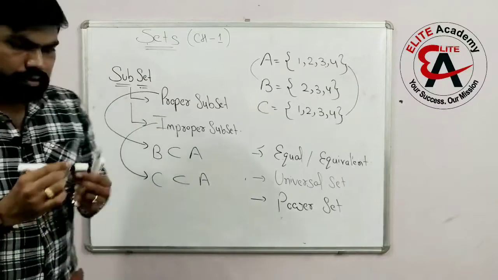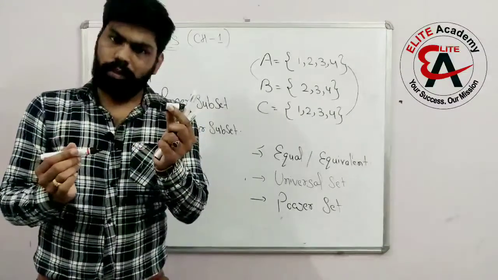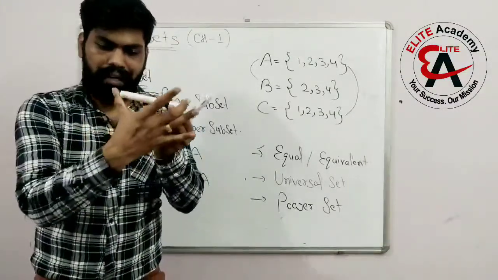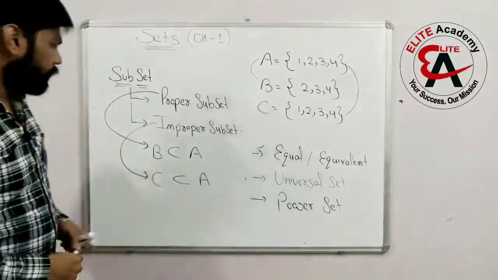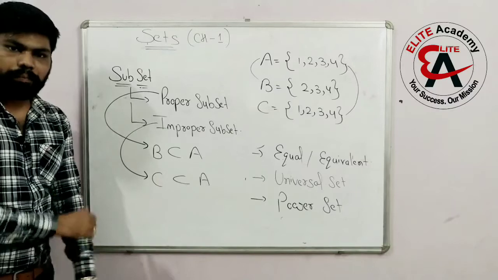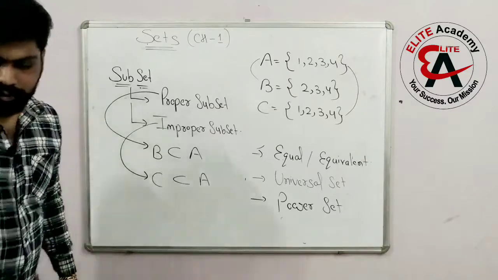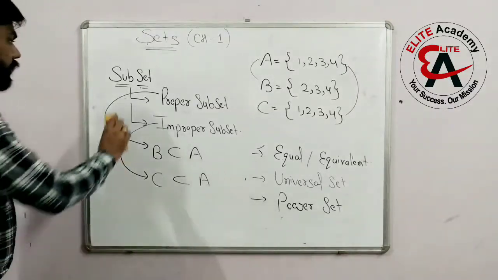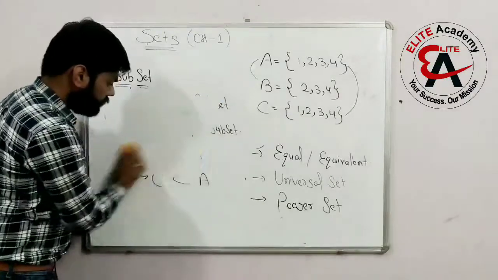Meaning the one where a small part was taken is proper, but where I picked the whole package, that is an improper subset. Is that clear or not, everyone? So it should be clear what is a proper subset and what is an improper subset.